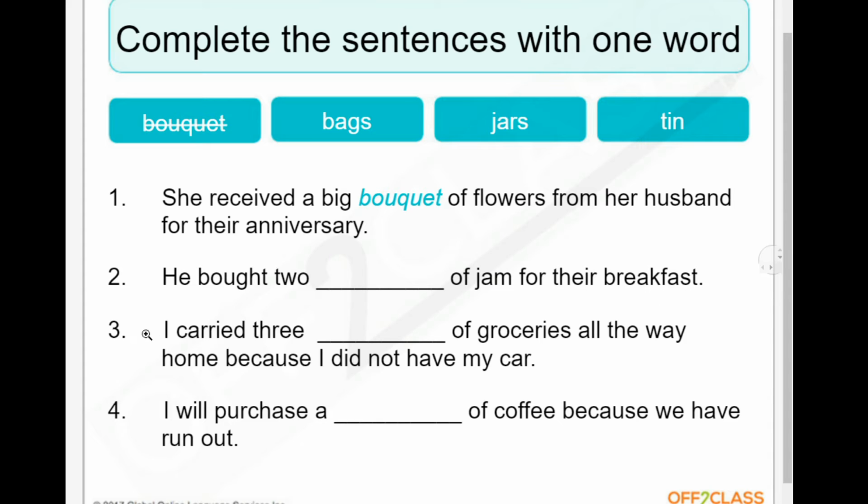Very good. Number 3. I carried 3 bags of groceries all the way home because I did not have my car. Very good. Please repeat.